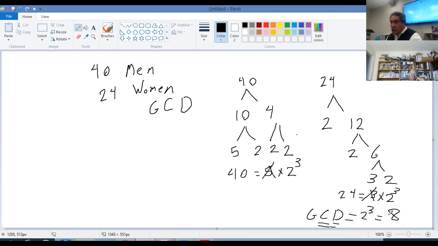In other words, if you want teams of all male or all female, with exactly the same number of people in each team, you need not more than 8 people. Actually, exactly 8 people, because then you can have 5 male teams and 3 female teams.